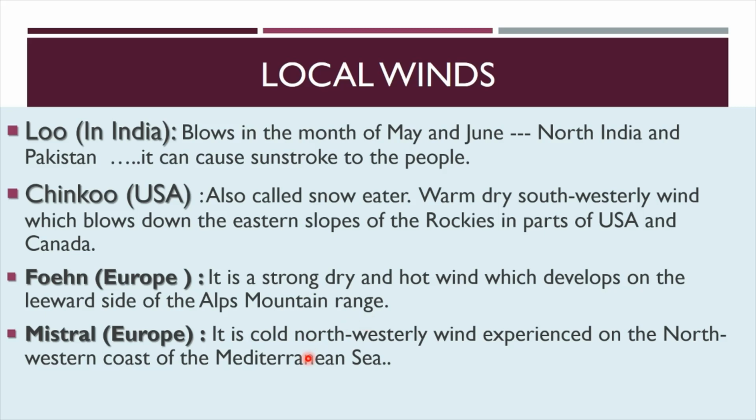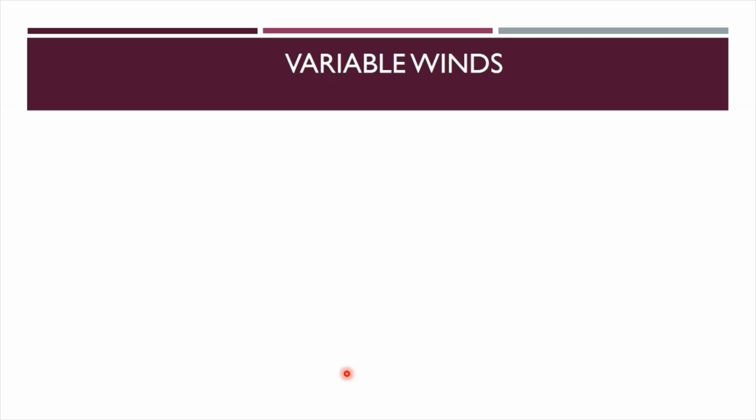It's called a northwesterly wind, experienced on the northwestern coast of the Mediterranean Sea. It comes from the seaside and it is cold. These three are hot and dry winds, but this is a cold wind as it comes from the Mediterranean Sea, and it obviously has moisture too.